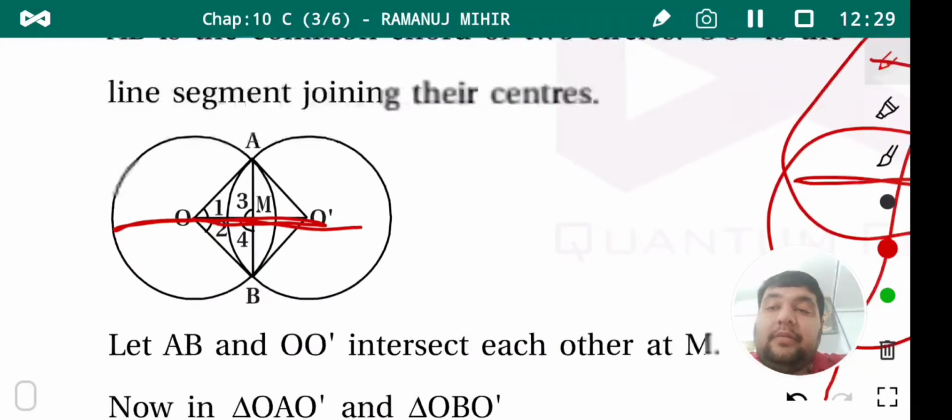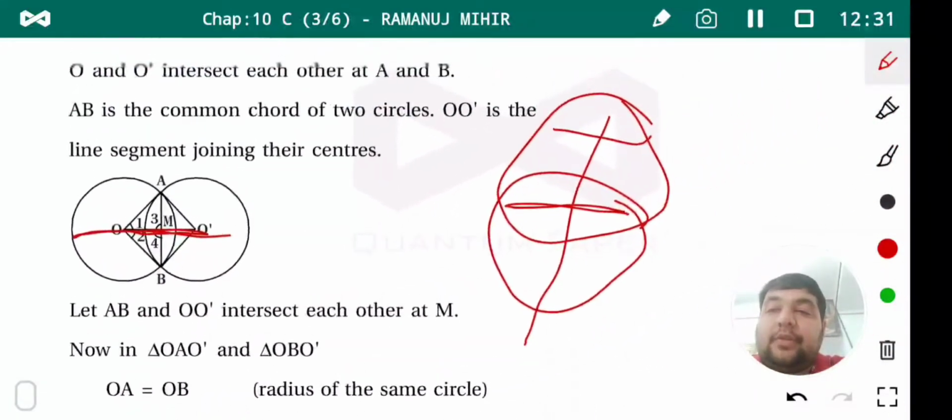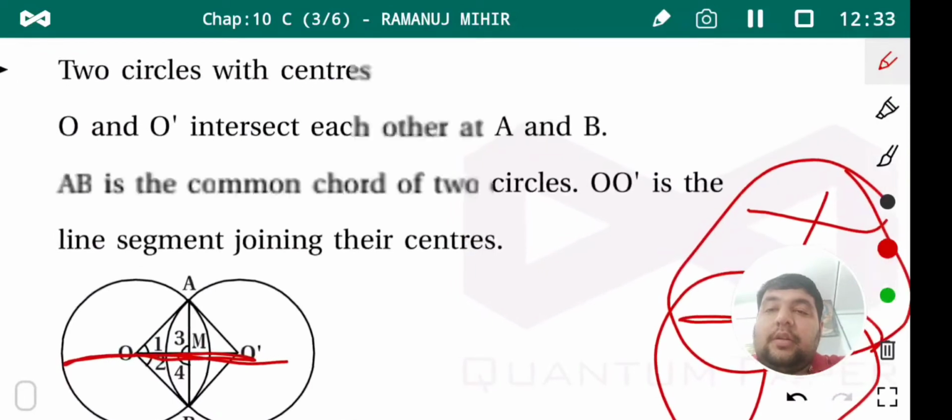So first of all, let us give names to everything. Two circles with centers O and O dash intersect each other at A and B. Then AB is the common chord of the two circles. OO dash is the line segment joining the centers.